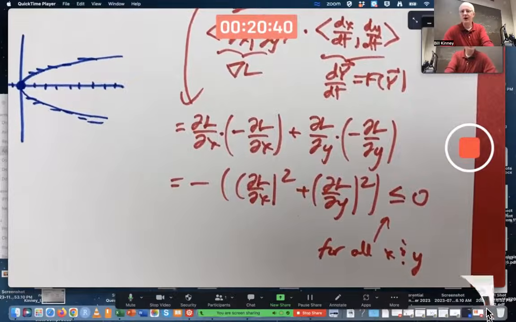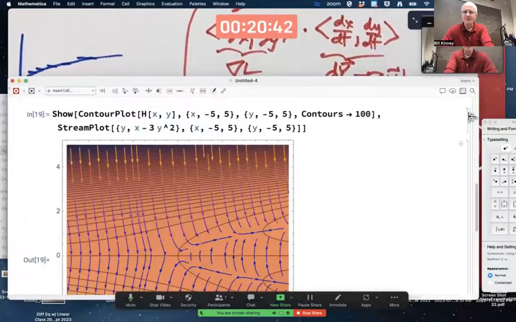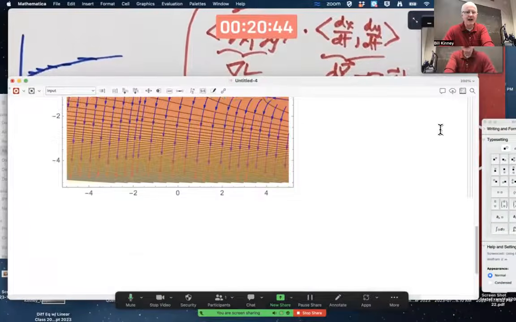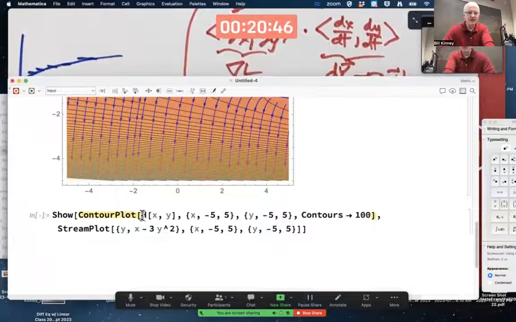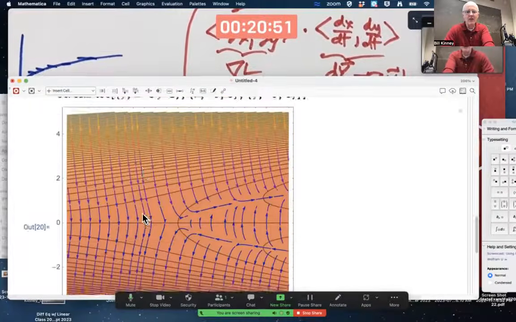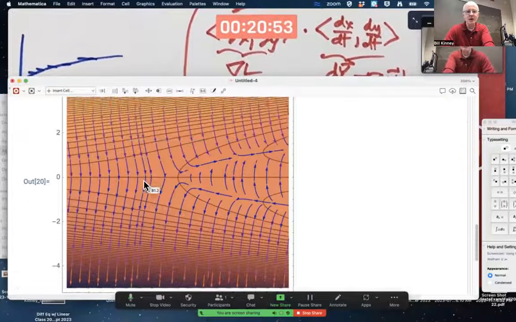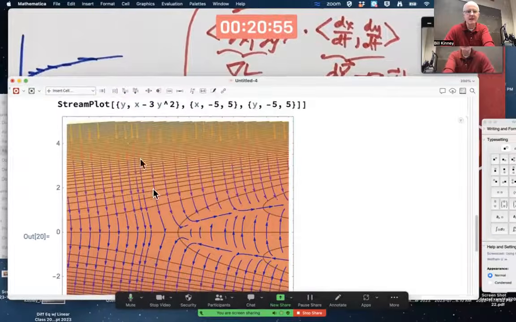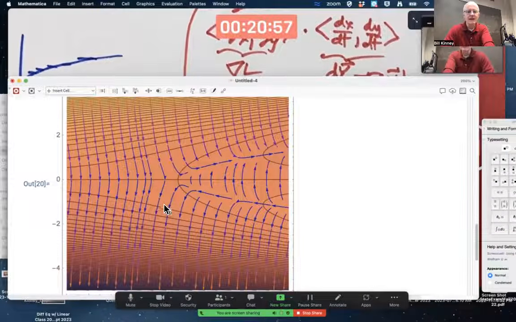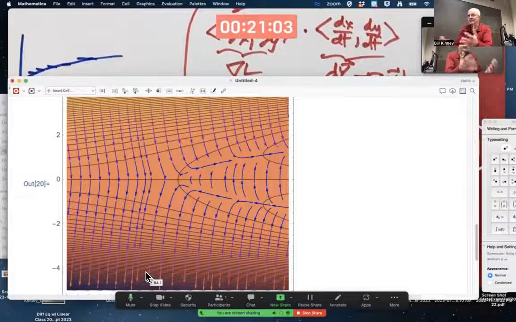If I made the contour plot for L, just by putting a negative sign in front of the H, it's the same level curves, but now the solutions are going from light to dark. You can see it's light up here and they're going toward darker, and it's lighter here than it is down here. L and H are just opposites of each other. They have the same level curves.